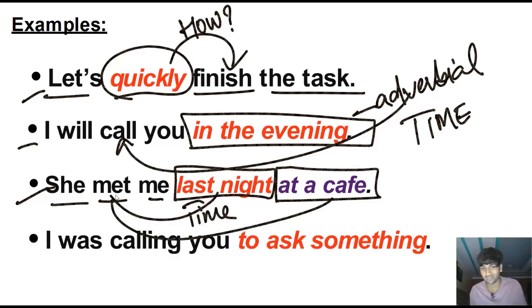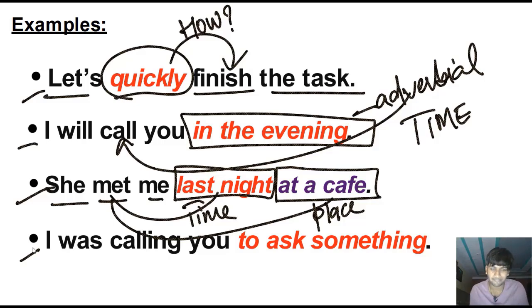So at a cafe, which is another phrase, is giving information about the verb met and talking about the place of the action. So both these phrases, last night and at a cafe, are adverbials, or we can call them adverbial phrases. They're giving information about the verb met.